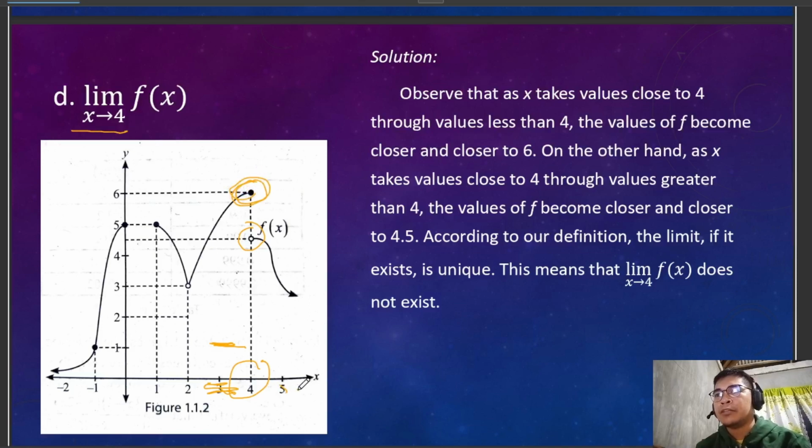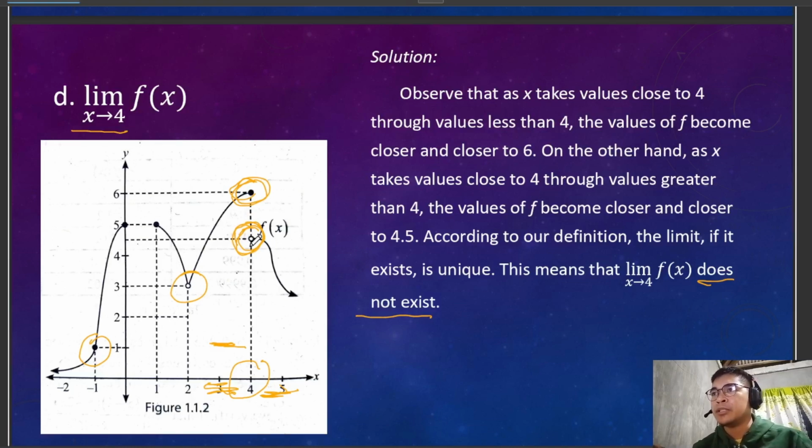If it is greater than 4, in this area, it takes the value 4.5. So that is not continuous. According to our definition, the values should be the same. But here we have 6 and we also have 4.5. Therefore, the limit does not exist.